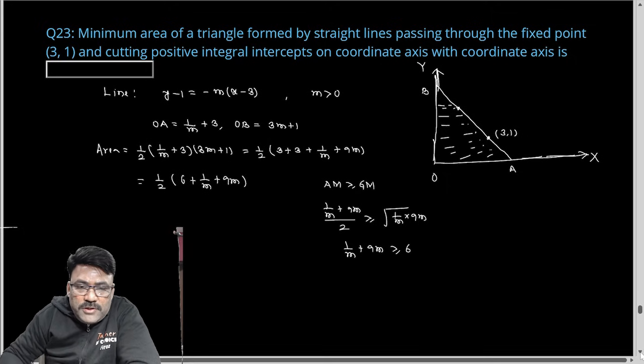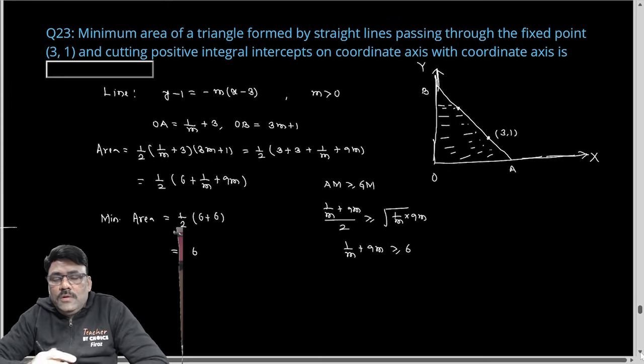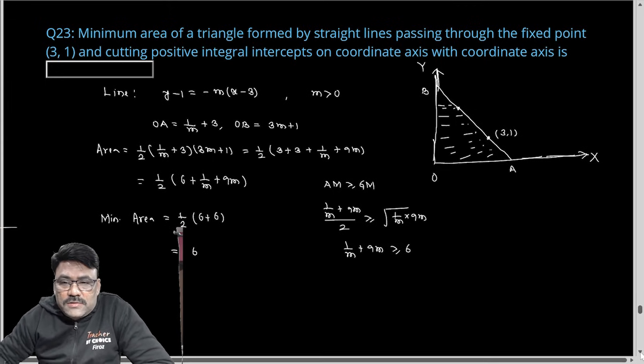So the minimum area is half of 6 plus 6, which is 6. So 6 should be the correct answer.